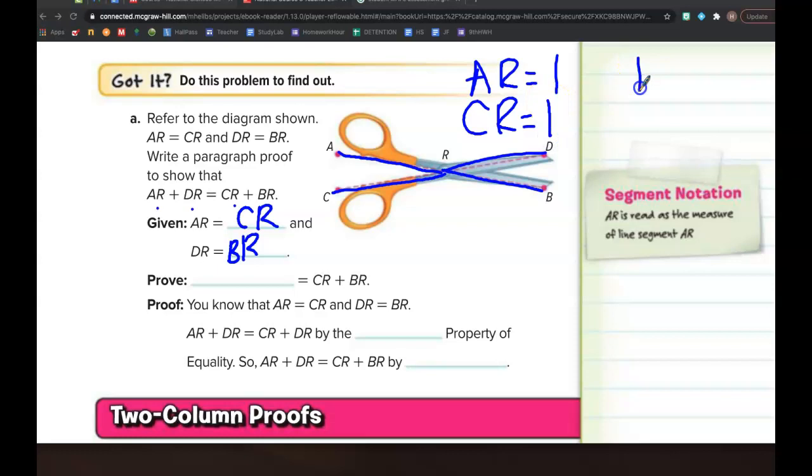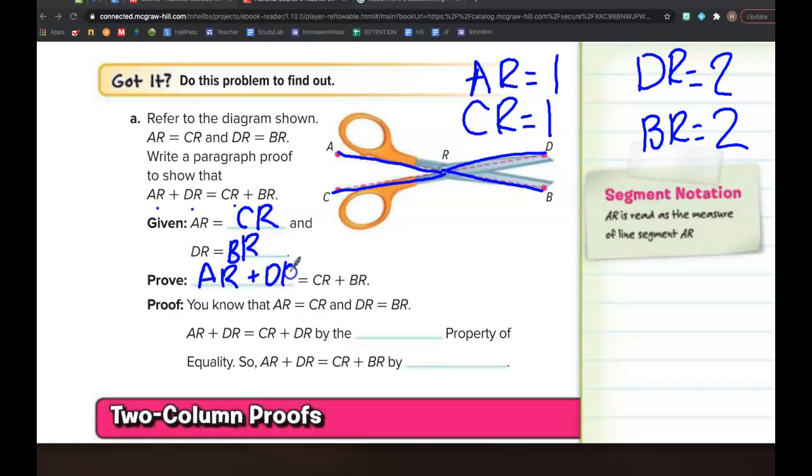If I told you that DR equals 2, BR equals what? 2. Okay? So in other words, we have to prove that AR plus DR is equal to CR plus BR. And then they kind of rewrote what we know.